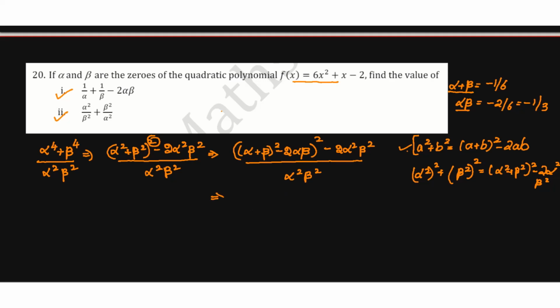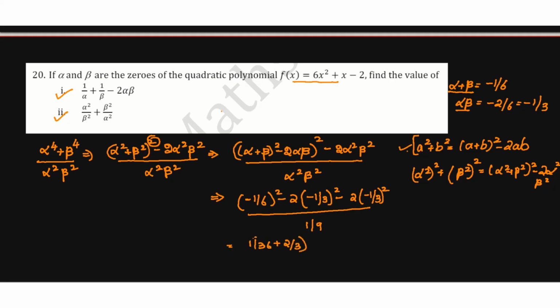Now we are going to substitute the values. Minus 1 by 6 the whole square, minus 2 into minus 1 by 3, the whole square, minus 2 into minus 1 by 3 the whole square, by 1 by 9, which is 1 by 36 plus 2 by 3 the whole square, minus 2 by 9 by 1 by 9.